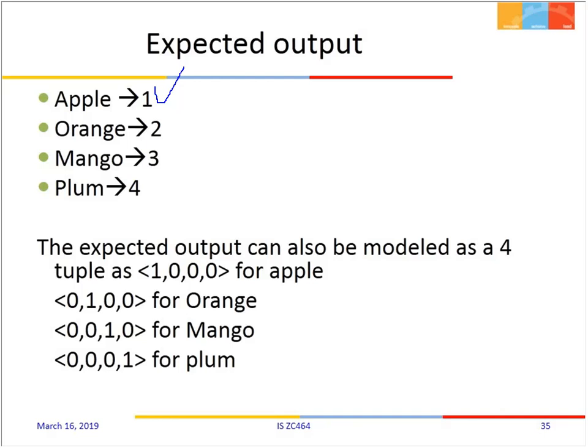Rather, it would be much easier for us to define our output as 4-line binary outputs, 1, 0, 0, 0 or 0, 1, 0, 0 for a different class. So here you can see that the second output line should produce a 1, trigger 1 out. The remaining lines should be silent.